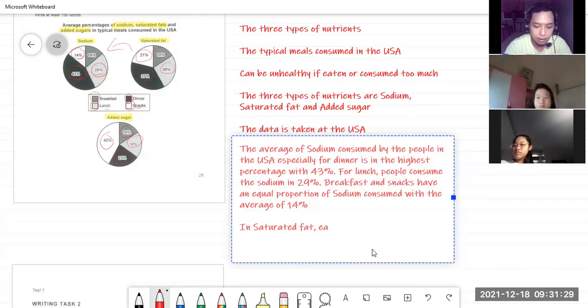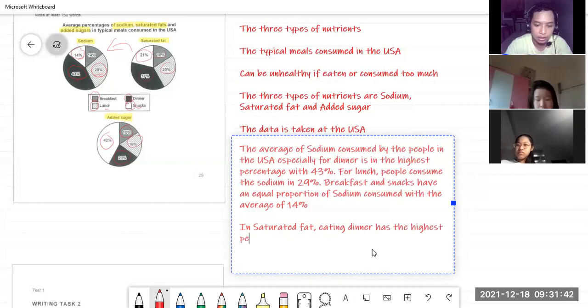Eating dinner has the highest percentage of saturated fat. How many percent? 37%.